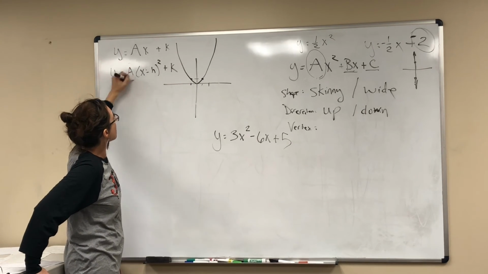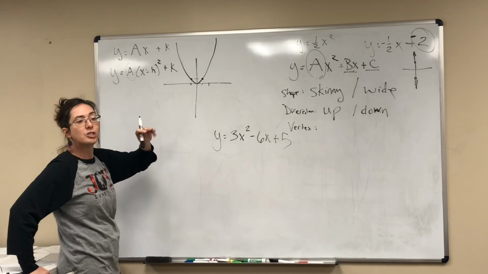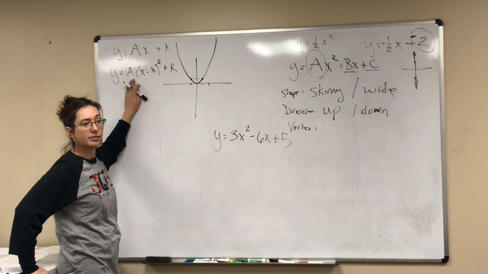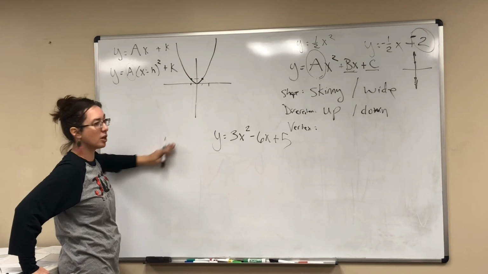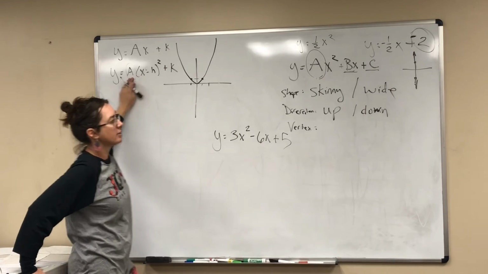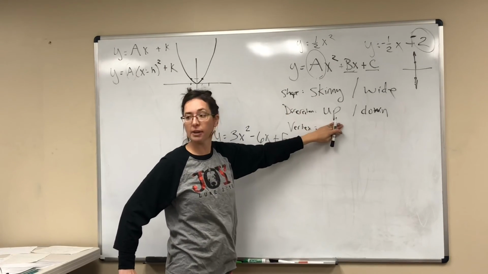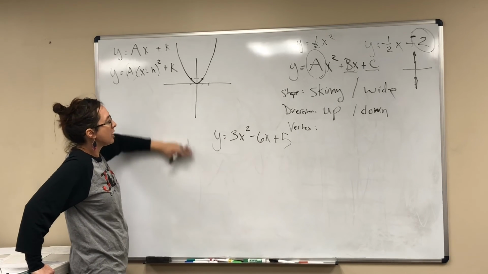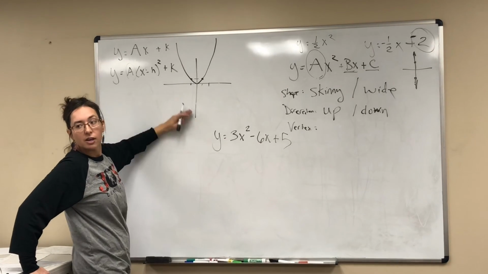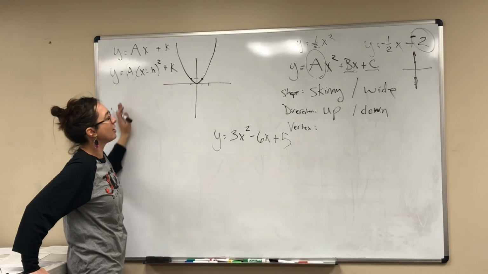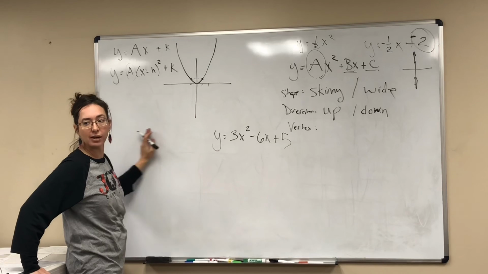We have our slope, this is the curvature of our line, because it's not a straight line, it's a curve. So our a affects the curvature of our line. It makes it skinnier or wider, up or down. Our k tells us where we're moving it around. And anything that is added to our x value is going to move us left and right.